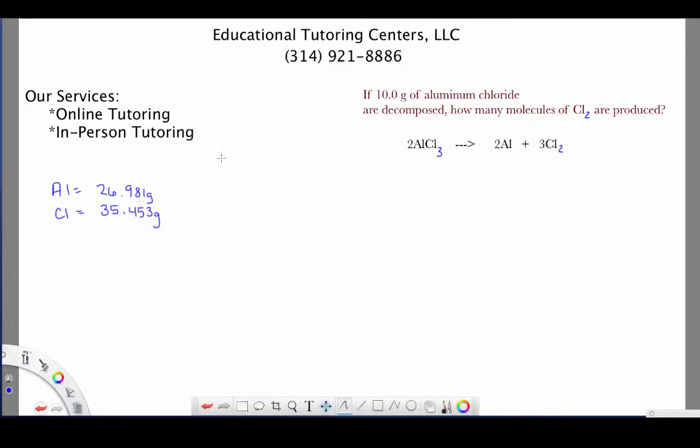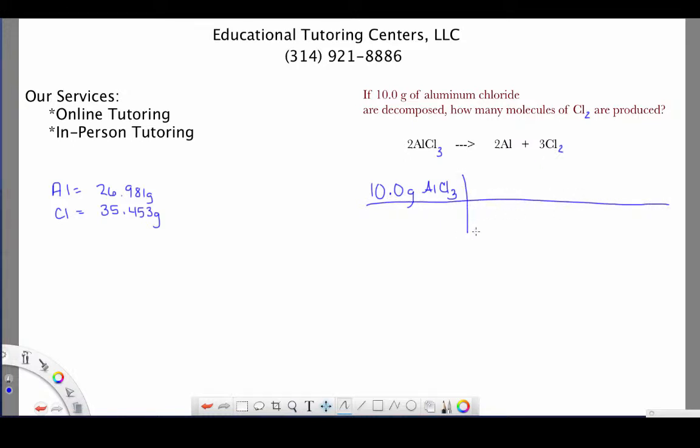So over here on the left side, I've already written out the weight of aluminum and chlorine, and we're going to go ahead and see if we can use stoichiometry to solve this problem. So we'll start out with what is given to us, which is 10 grams of aluminum chloride.